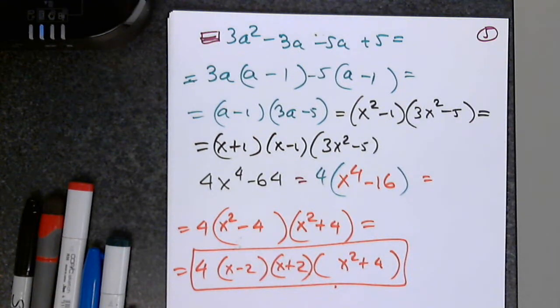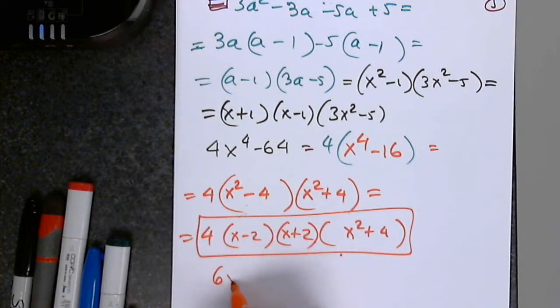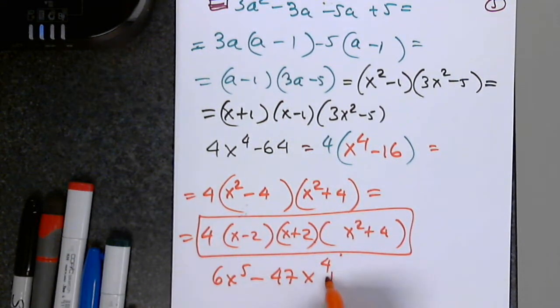Okay, last one here on this page. 6x to the 5th minus 47x to the 4th plus 35x to the 3rd. Let's see what we do with this. And then we have the second page, the last page with equations. And then we can start chapter 11.